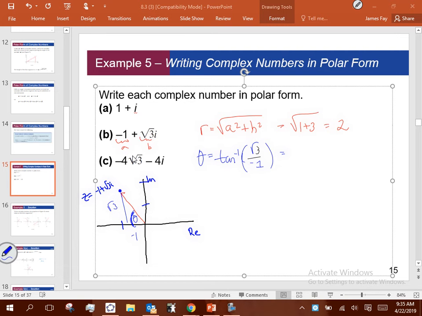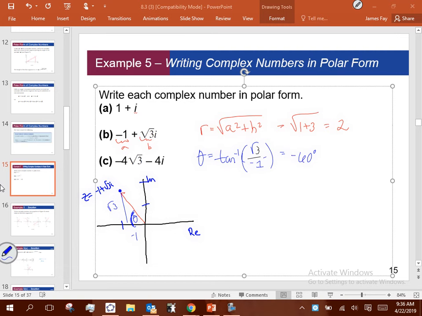Now, if I evaluate that, tangent inverse of radical 3 is 60. So tangent inverse of negative radical 3, because of how the tangent works with even and odd functions, ends up giving me -60 degrees back for theta. Okay? And this is where we need to pay attention to what quadrant we're in. This is why the picture would be beneficial. When we talk about theta, we don't want the -60 degrees.